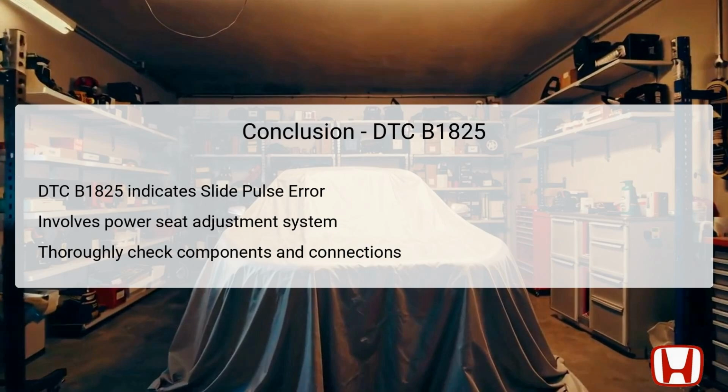This error emphasizes the importance of precise diagnostics for effective repairs and ensuring reliable system functionality. Moreover, integrating established preventive maintenance practices aids in prolonging the lifespan of the power seat adjustment mechanisms, thus maintaining optimal vehicle performance. Ultimately, understanding and addressing DTC B1825 ensures a comfortable ride while enhancing overall automotive safety.